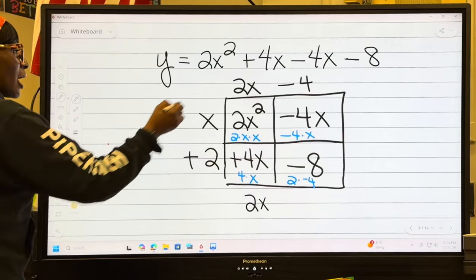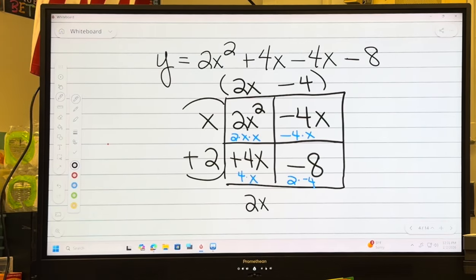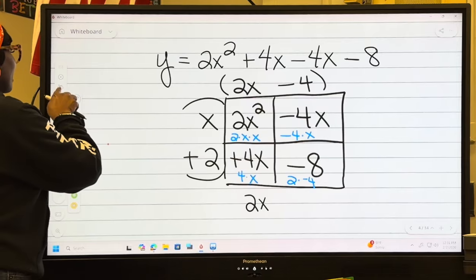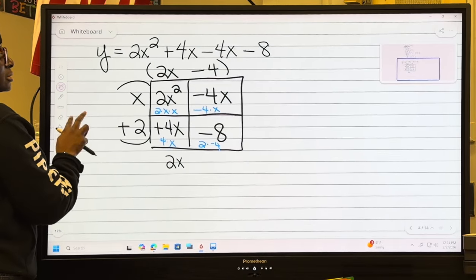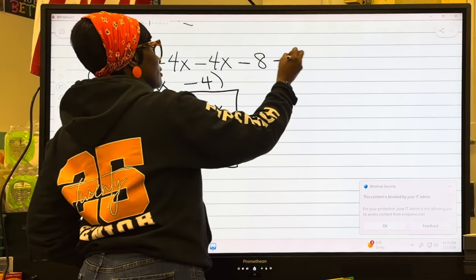Yes? Now, I'm going to do this, because this is where the magic happens. I did that for a reason. So now I am ready to multiply. I'm ready to solve. Let's go here.